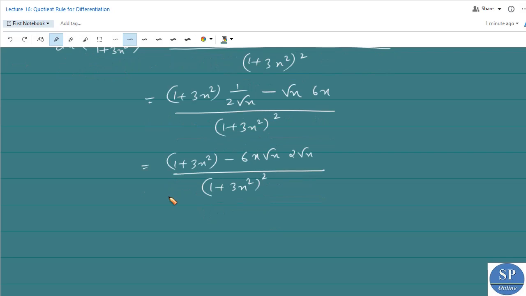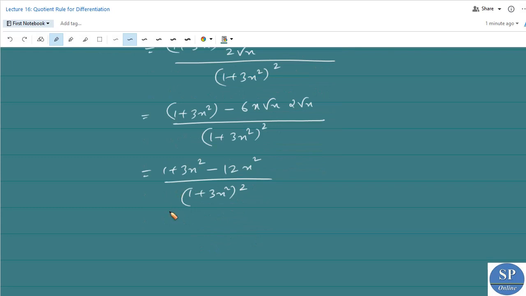So this is equal to 1 plus 3x square minus 12x into square root of x into square root of x is x. So 12x square divided by 1 plus 3x square whole square.